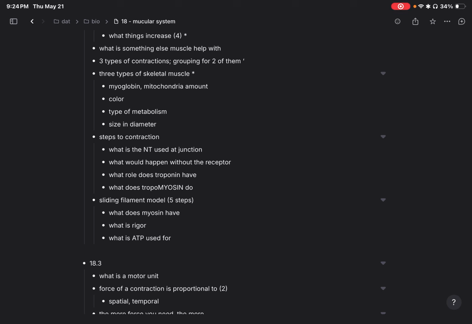That calcium is going to bind to troponin, which is connected to tropomyosin.